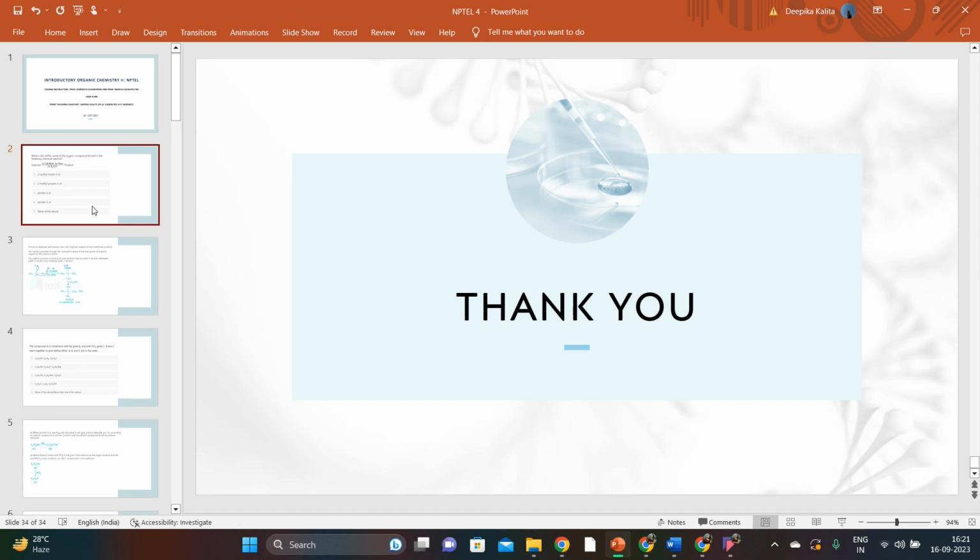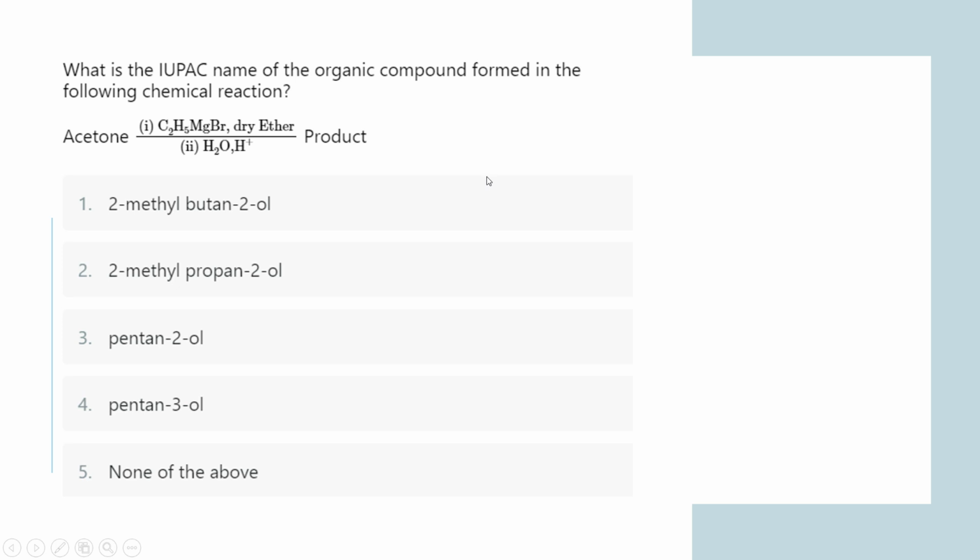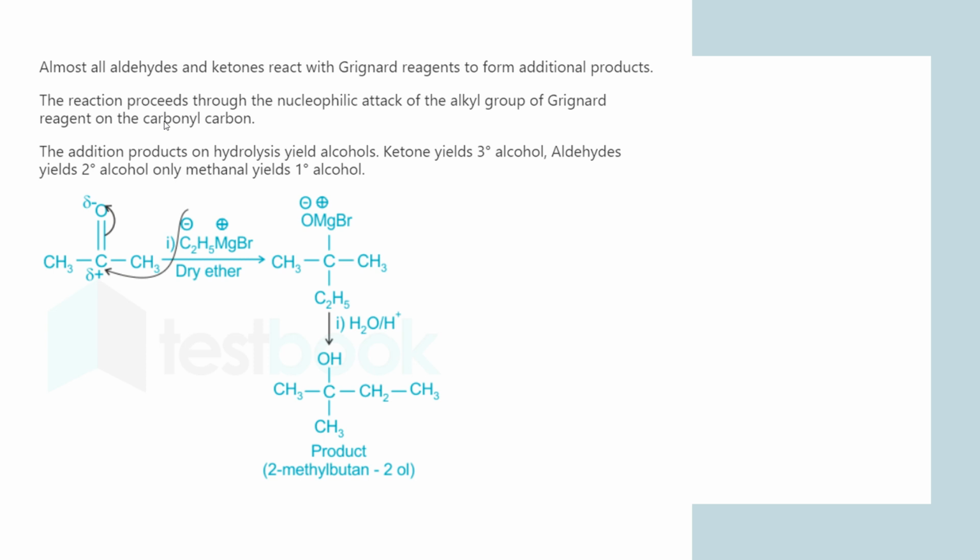So in this fourth tutorial today we started with the Grignard reaction of ketone, which is a well-known procedure for the synthesis of alcohols, and we saw how the ethyl anion underwent nucleophilic attack to give you 2-methylbutan-2-ol as the final product.